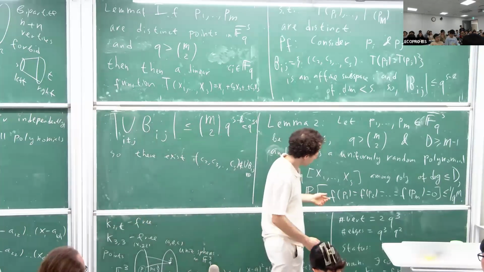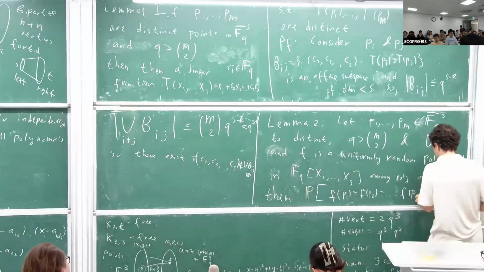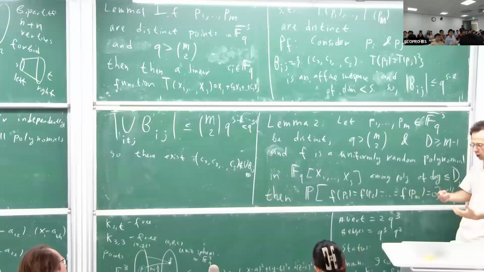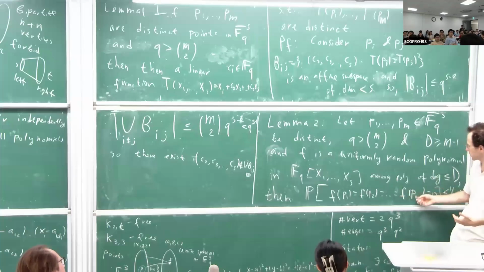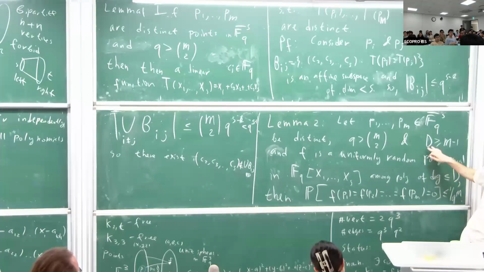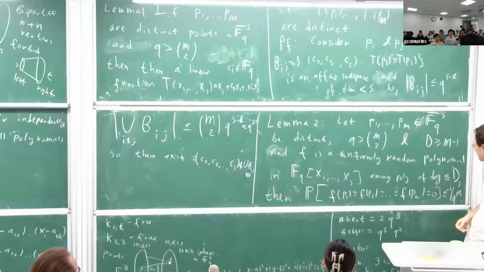Now if you have m points, you would hope that there is an independence between values of the polynomial at the different points, in which case it ought to be 1 over q to the m. And there is indeed independence, assuming the degree of the polynomial is large enough. This is what we're going to essentially show in the proof.